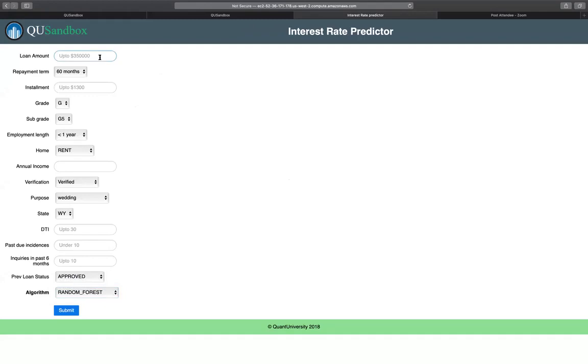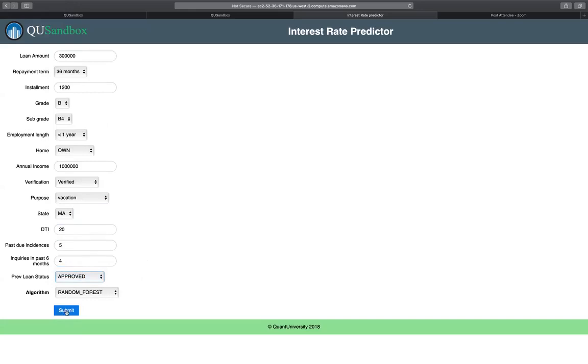So if I provide certain amounts, a specific term, what is the installment I'm ready to pay, what kind of grade and subgrade of the loan it is, and then what is my employment length, whether I own or rent, what's my annual income, and then whether I'm verified or not, what's the purpose, what state do I live in, and then what's the debt to income ratio, and then how many past due instances do I have, and then inquiries in my credit history in the past 6 months, and whether my prior loan was approved.